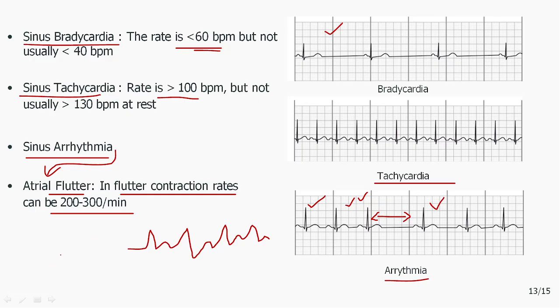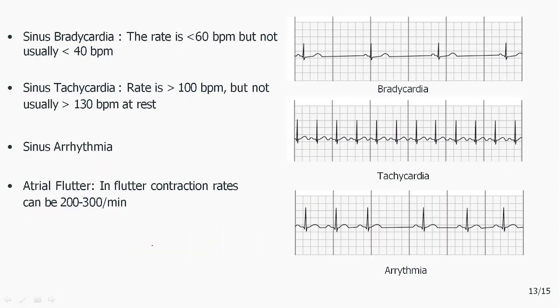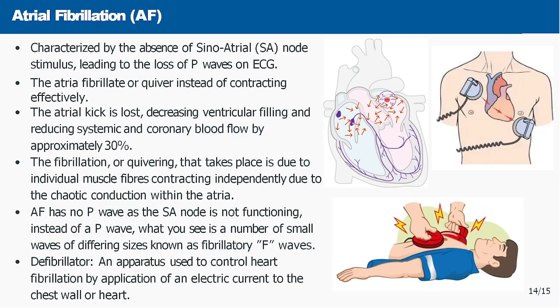Another type of abnormality we can detect from this ECG is atrial fibrillation. Atrial fibrillation means the absence of sinoatrial node stimulus, leading to loss of P waves.